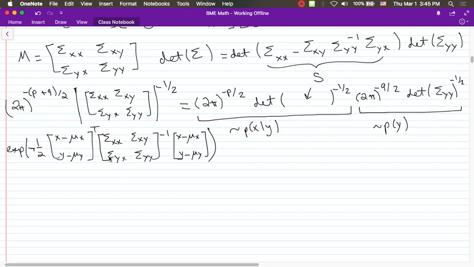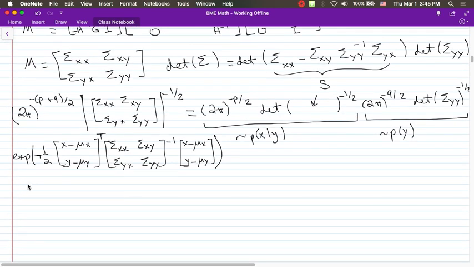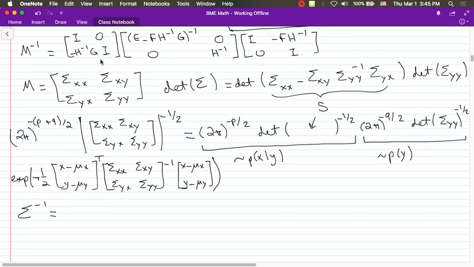So what I showed you is that M inverse has this shape. So that means that this variance-covariance matrix's inverse I can write using this equation. So that inverse is equal to identity.